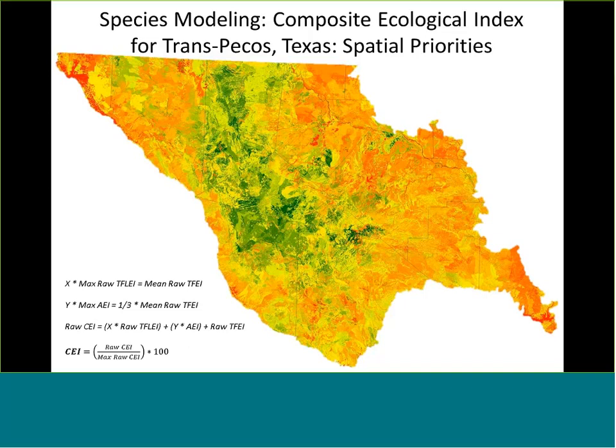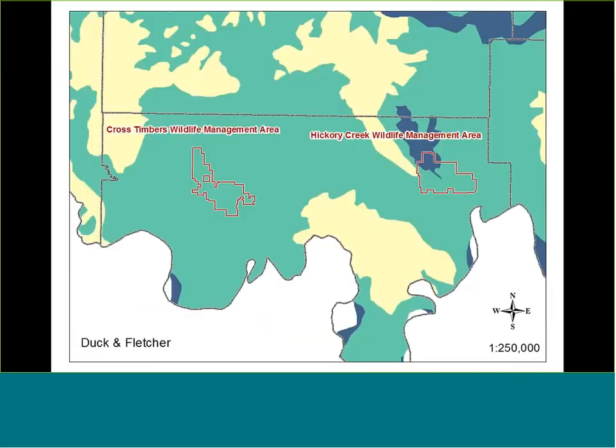So this is just a way to use the classification to do species modeling, and then to identify conservation opportunity areas based on not only the actual vegetation, but the habitat modeled for target species.